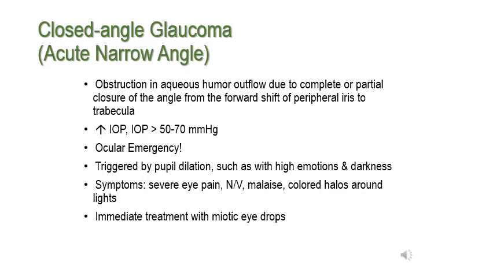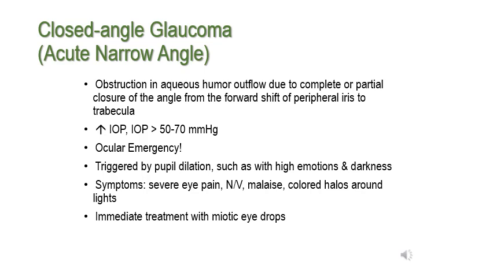So you'll see higher intraocular pressure, so greater than 50 to 70, and remember 10 to 21 is normal. Again, this could be triggered by pupil dilation, because that pupil dilation closes the trabecular network and decreases flow. So the symptoms that you would expect to see with closed angle or acute narrow angle, again, remembering it's an ocular emergency, are going to be more severe.